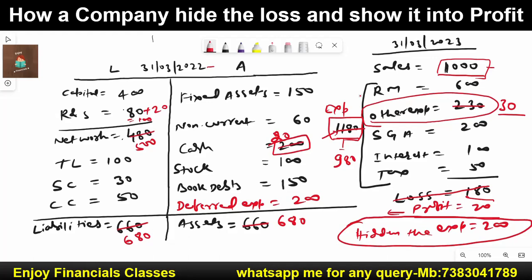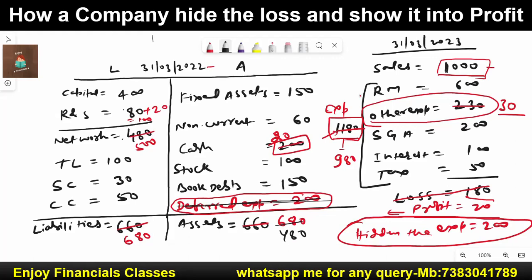So as a banker, as an investor, as a financial analyst, whenever you find any such entry on the asset side, deferred expenses, what are you supposed to do while recasting the data into CMA? Simply remove these deferred expenses of 200 rupees from the asset side. The moment you remove them, the asset side value will be reduced from 680 to 480, right?